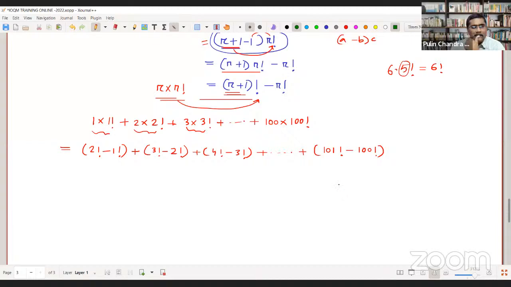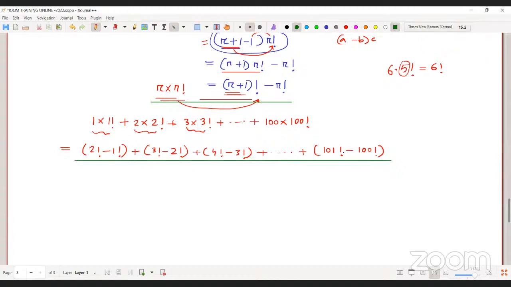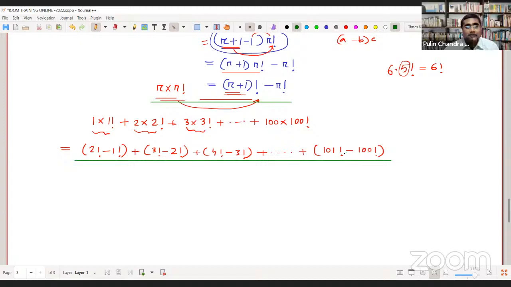We do not have any name for this rule, but we have a name for this kind of sum. ऐसे sum के लिए name है telescopic series. Yes, exactly. It is telescopic series or we can say telescopic sum.